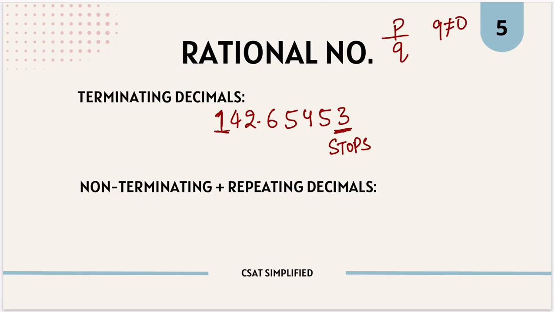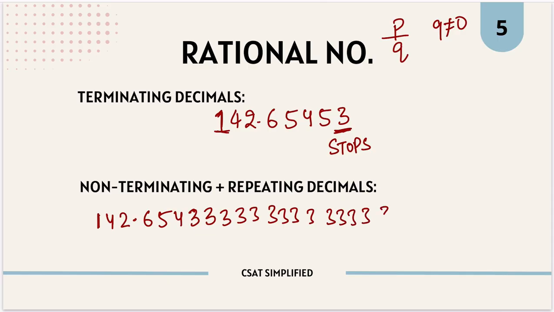But if a decimal does not stop somewhere, then there are two cases possible. Suppose, let's take an example, 142.6543 and after that it is going on forever. Forever means till infinity: 3 3 3 3 3 3 3.